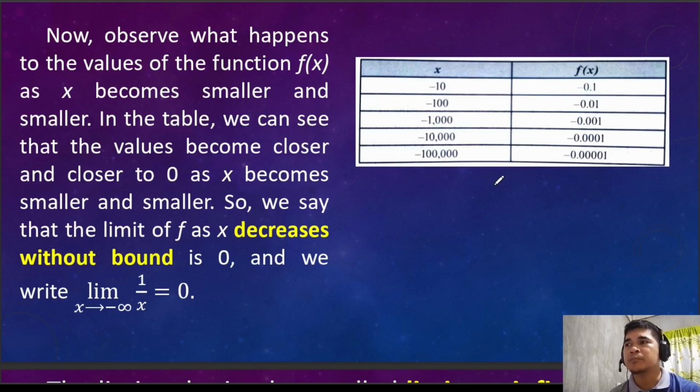So this is what we call the limit of f as x decreases without bound is 0. So si x pod decreases without bound. So nagpadayon, it is infinity. We write limit of 1 over x as x approaches negative infinity equals 0.